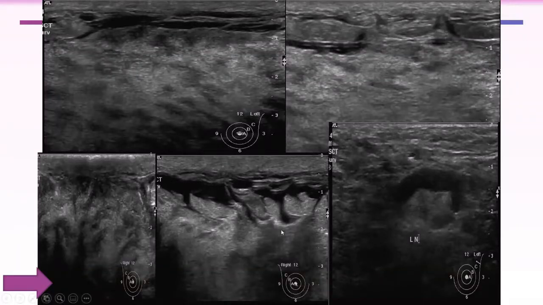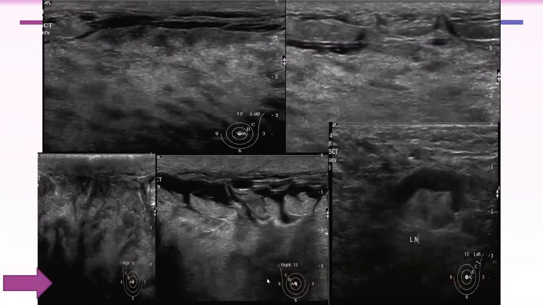Could you differentiate the breast tissue? There is lack of differentiation of the breast tissue, and there is increased echogenicity. The fat is echogenic, with lack of differentiation, due to breast edema.